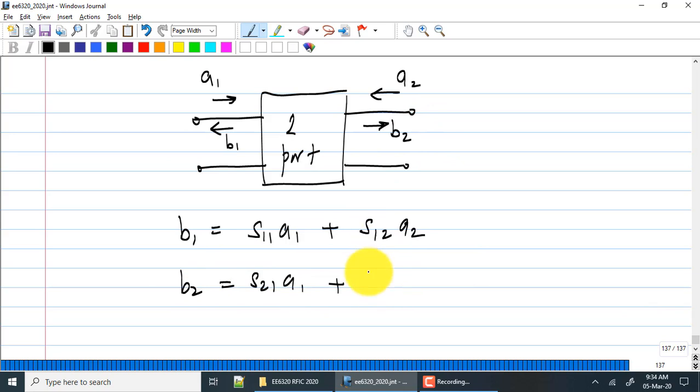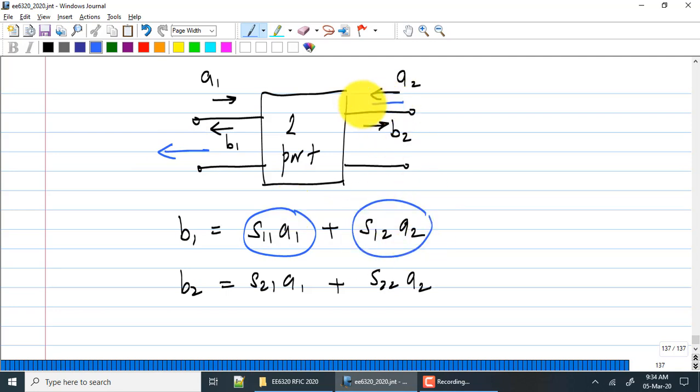What this is telling you is that if you were to measure the power that is received from the two port at the input port, that is, you are measuring B1, that has two components. One component is what you are applying at port 1, which is reflected back, that is this portion. But there will always be a second component which is related to the reverse transmission through the two port.